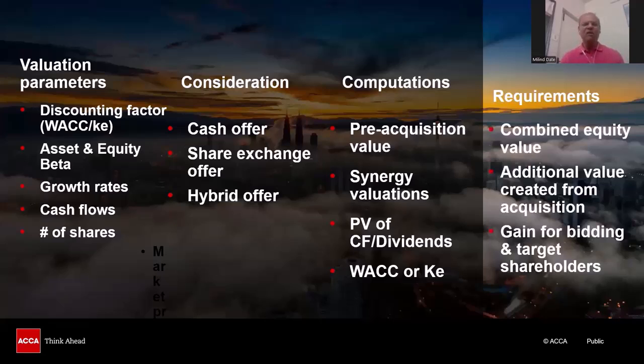And of course, the requirement could be calculation of combined equity value, calculation of the value that is created by acquisition, and the gain for bidding company shareholders and target company shareholders. So these are minimum, I would say, minimum details you must be able to capture from the given information.